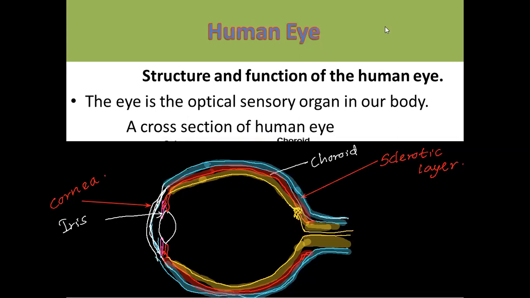This yellow color part is the retina. Retina, right? And this pink color part is the iris. And aqueous humor is the jelly-like substance in between the lens and the cornea.